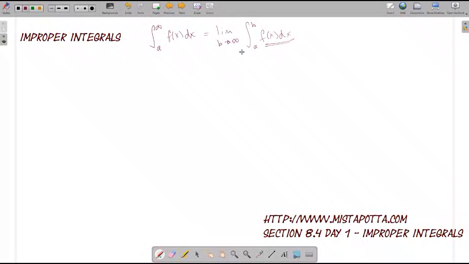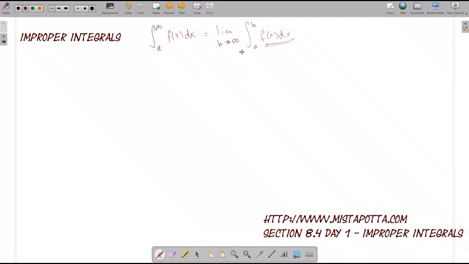And we've talked about how to evaluate these limits at infinity throughout chapter 8, and in fact back in chapter 2 as well.